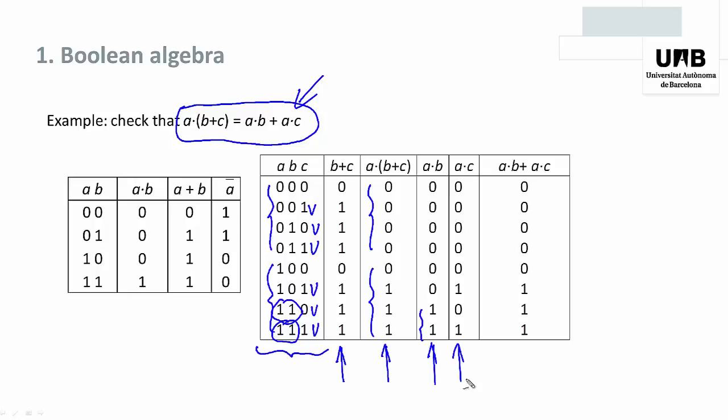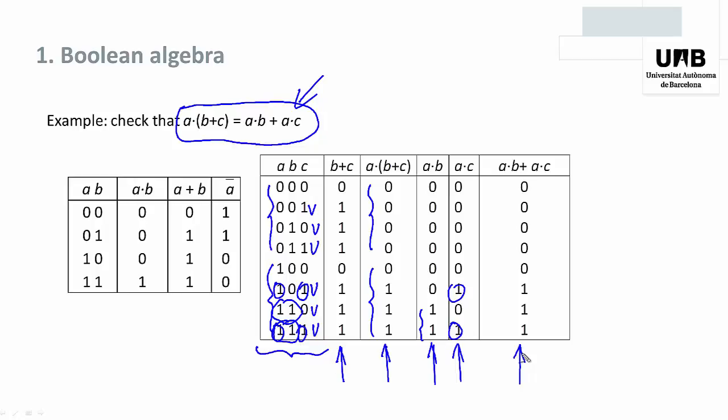The computation of A times C consists of looking in which rows A and C are equal to 1, that is to say here 1, 1, and here 1, 1.